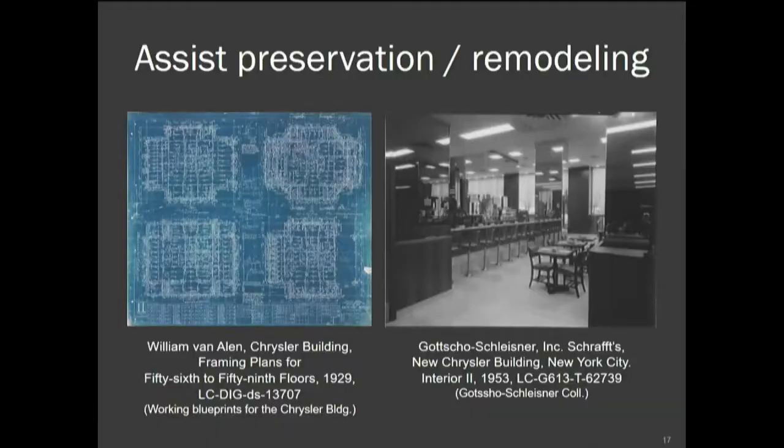This is another example for which I recently got a request. The Chrysler Building was sold to a new owner, I believe this past March, and they are going to renovate the building. So on the left side we have blueprints. These are the Chrysler Building HVAC and plumbing documents.